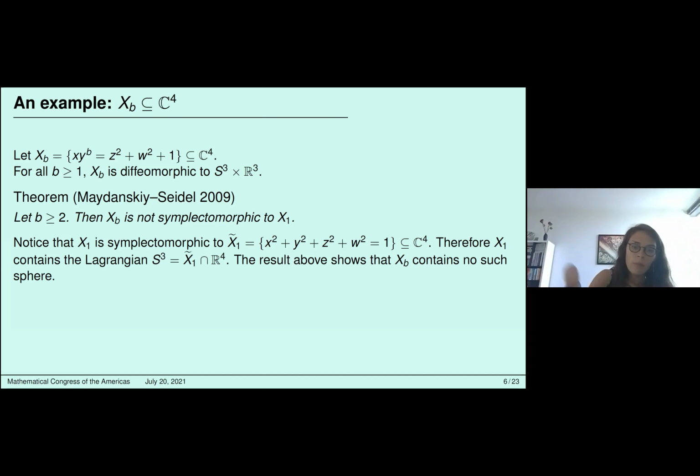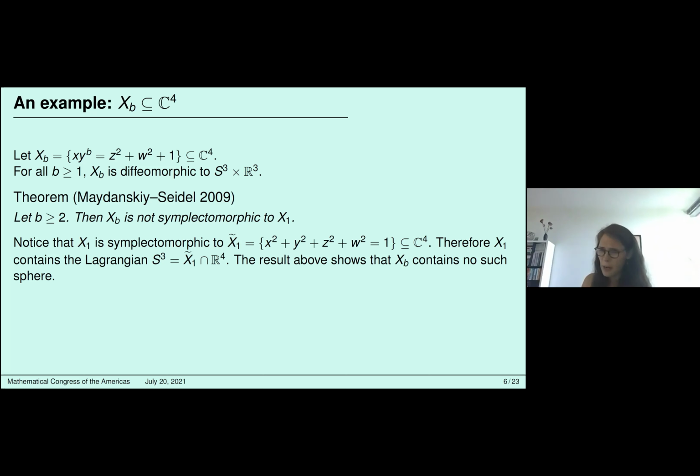And a Lagrangian S3 is interesting because it tells us that this is not the same thing as C3, first of all, by Gromov's theorem, and also we can't embed into C3 even. So a Lagrangian S3 is a fundamental building block which X1 contains.